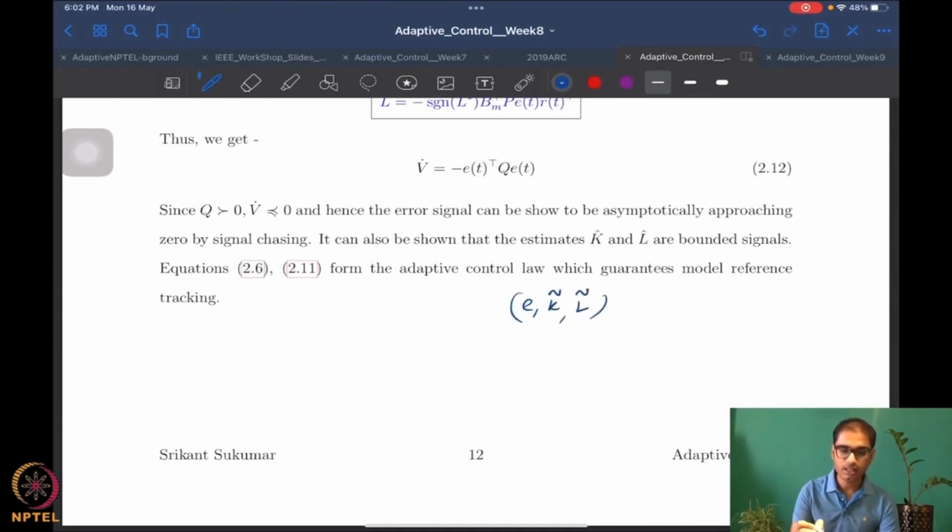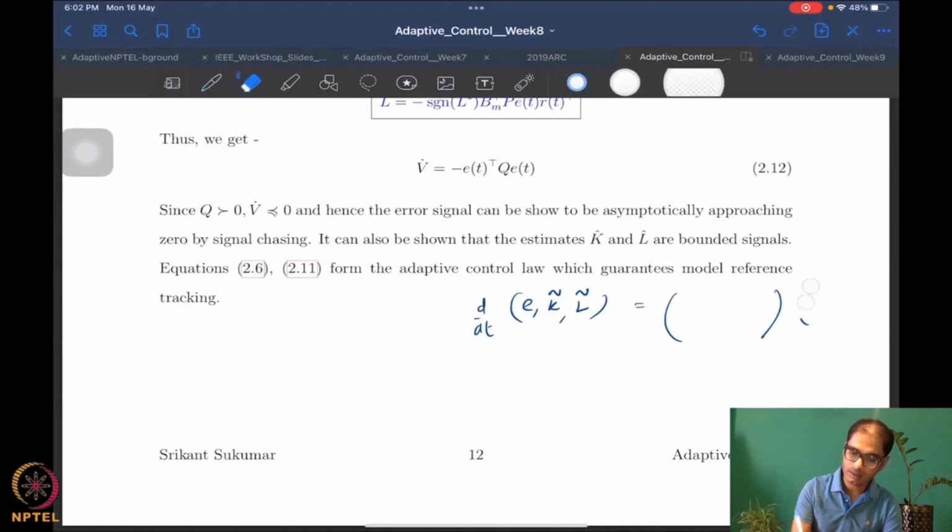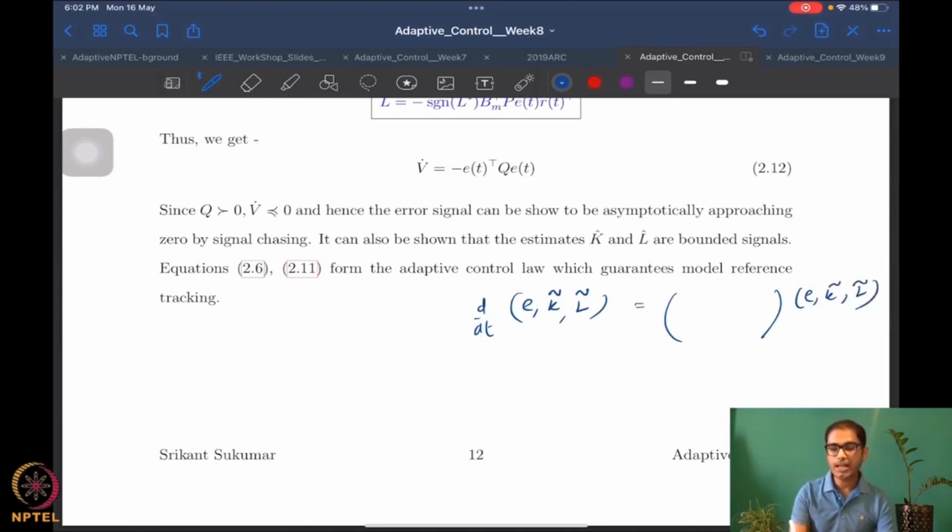If you write the dynamical system in this form with some matrix, d dt of a tuple of E, K tilde and L tilde, I'm writing it as a tuple very deliberately because K tilde and L tilde are matrices and E is a vector. Therefore, you cannot actually write it in this form; you have to vectorize K tilde and L tilde.